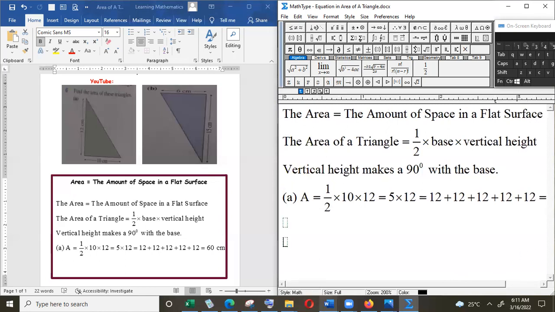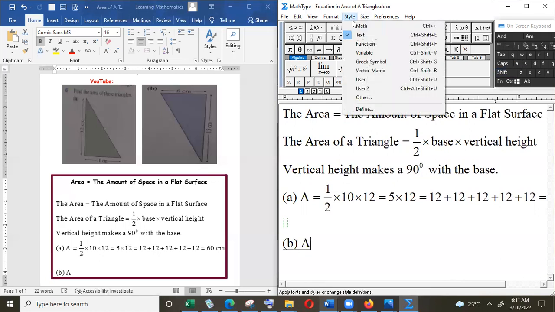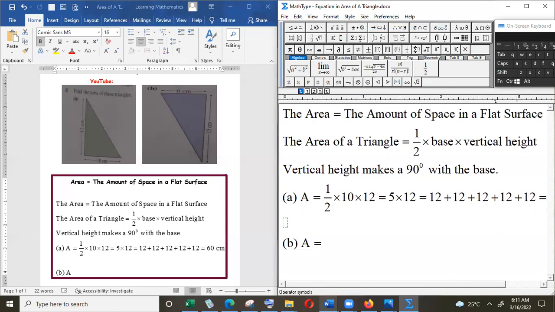So we are moving on to triangle B now. Copy this down. Area is equal to, triangle B. It's another triangle, so we must start with a half. The formula for the area of a triangle always comes with a half, times the base. The base is 6.